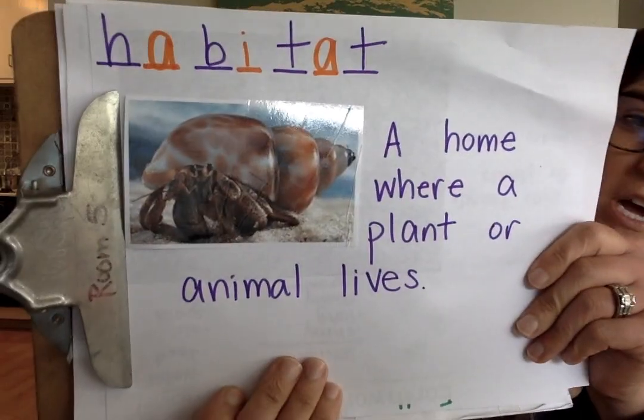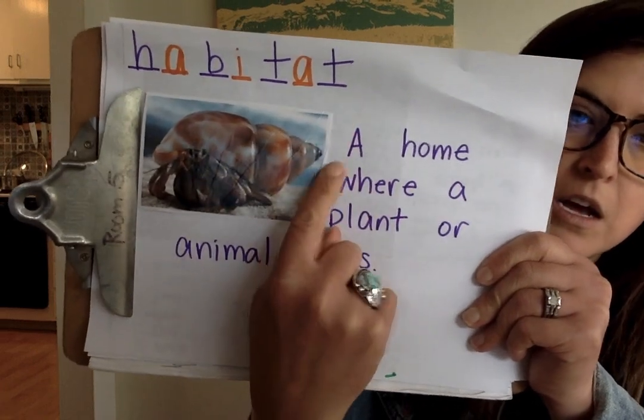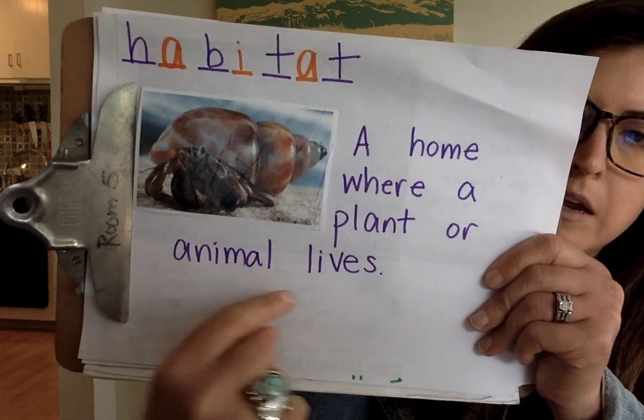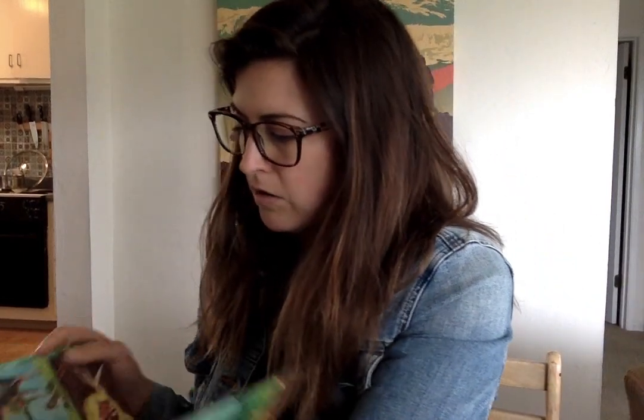So this crab's habitat is the shell, right? Say the word with me, habitat. A home where a plant or animal lives. Good. So that special book that Violet and her family got for me has some information about habitats.